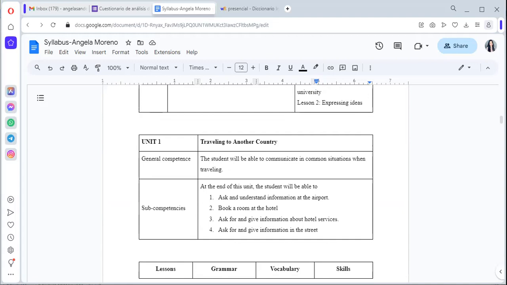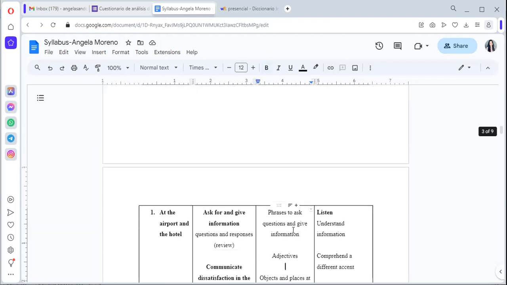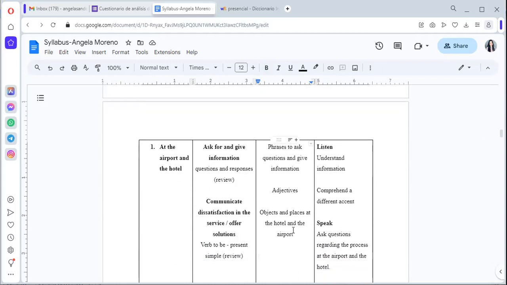And in the sub-competencies, at the end of this unit, the student will be able to ask for and understand information at the airport, book a room at the hotel, ask for and give information about hotel services, and ask for and give information in the street. Well, this unit has 2 lessons. The first one is At the Airport and the Hotel.